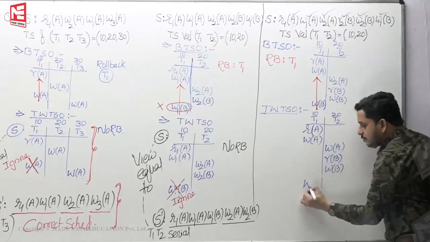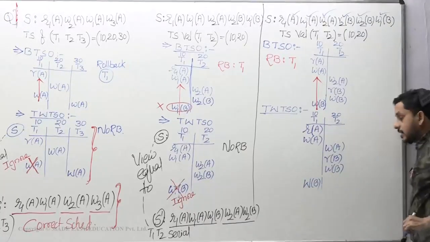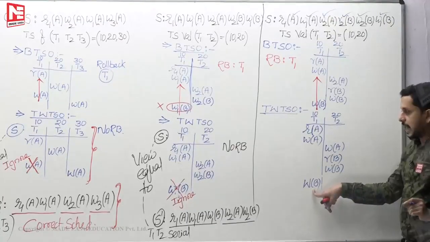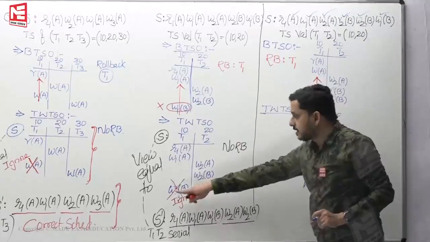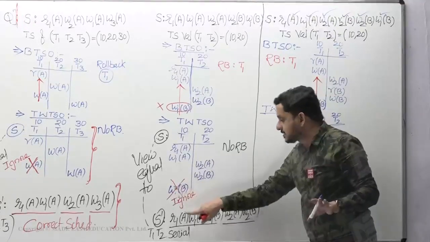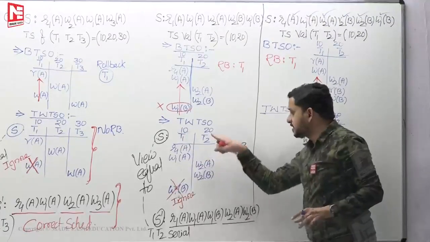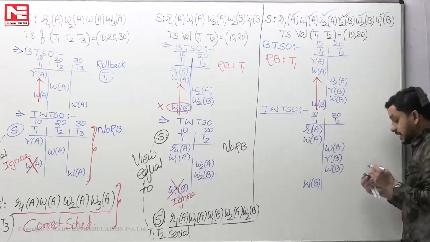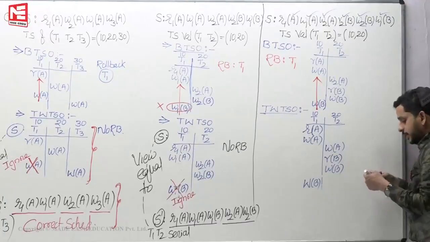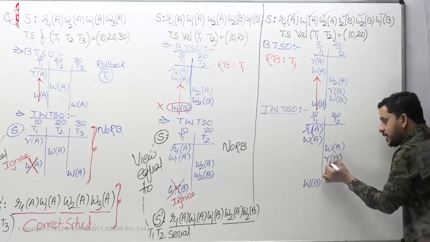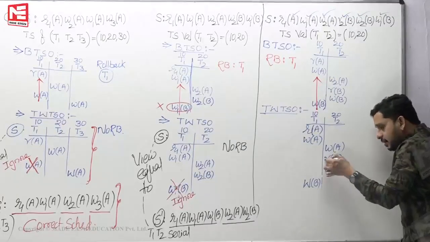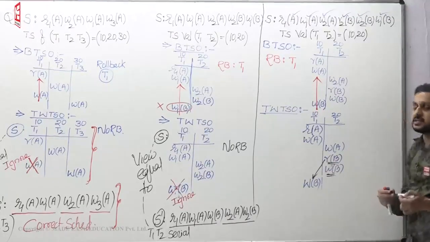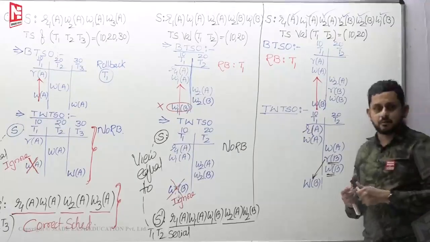Now just think what happened here. T1 requests write B. In the previous example, T2 had already written B, so the T1 write was ignored, not rolled back, and execution continued with no rollbacks. But here, if you observe, T2 has not only done the write B, T2 has also read B. If a younger transaction has already done the read, then the older transaction's write request is not allowed in the Thomas write rule also.